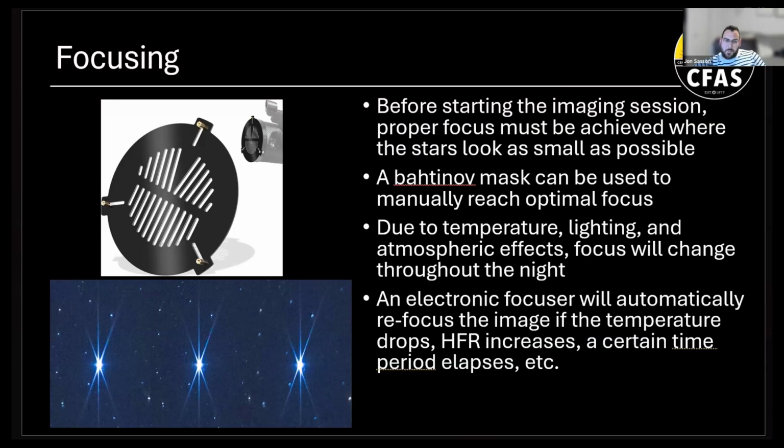Another solution, if you're doing it manually, is to use a Bahtinov mask, which looks like this, that you put in front of your telescope. And then when you look at a bright star, you'll notice this pattern: an X pattern through the light, and then a line going through your star.